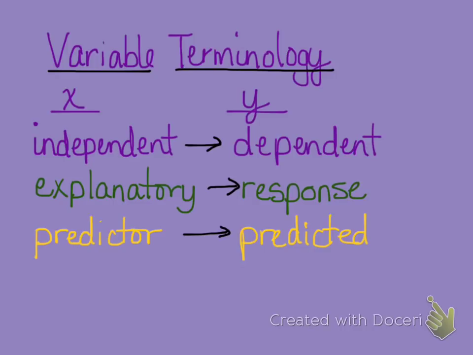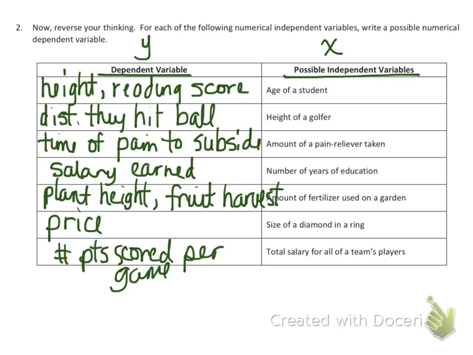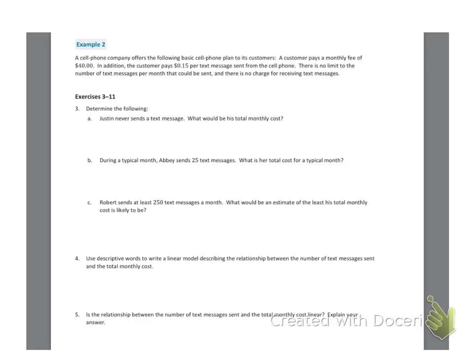So they all have this idea that we can predict the value of y based on the value of x. Okay, that's not always the case, but when we can come up with a mathematical model, then it is. All right, so let's move on to example 2.